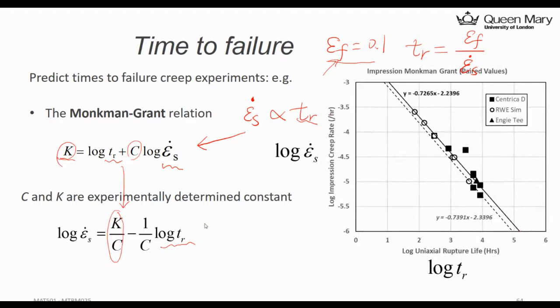This is the experiment which actually obtained these data for log epsilon s dot versus log TR. And they found that this actually reflects this linear equation, but with a negative gradient. Okay, so that gradient gives you minus 1 over c.